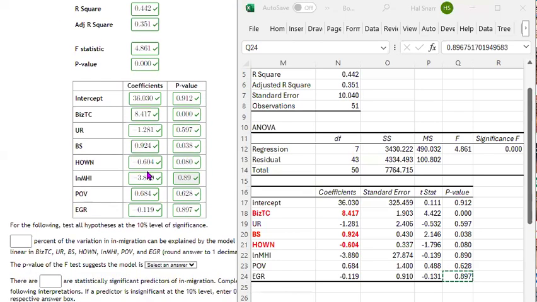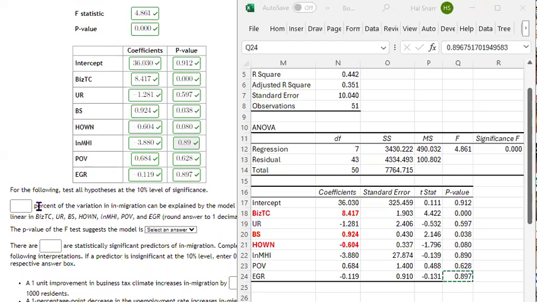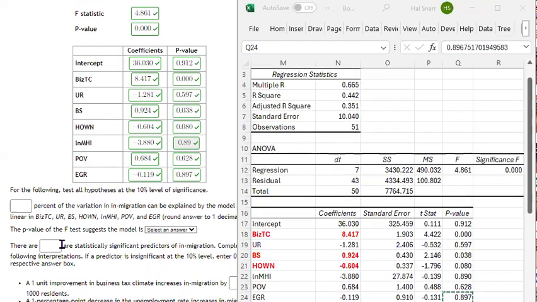Now we want to interpret the results, right? So for the following, test all hypotheses at the 10% level. Now on this first answer box, after we've inserted the information, we want to interpret the coefficient of determination.